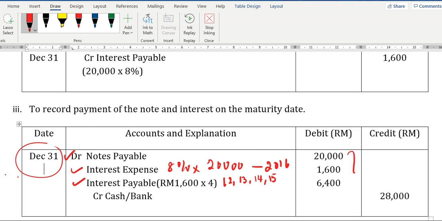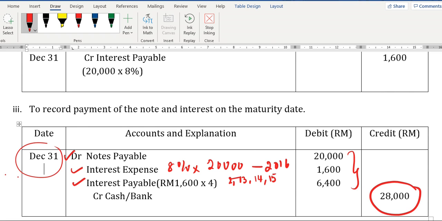These amounts will be paid on 31st of December 2016. So the amount that we need to pay on that day is 28,000. This is how you record the payment for the notes payable together with the interest. The interest is accumulated for 4 years, and since those previous 4 years are all backdated amounts, that is why it is accumulated in your interest payable. Whereas this interest expense is for the current year, so you need to pay that as well.